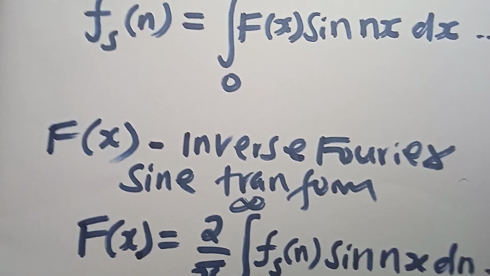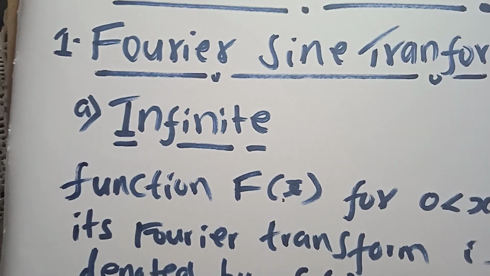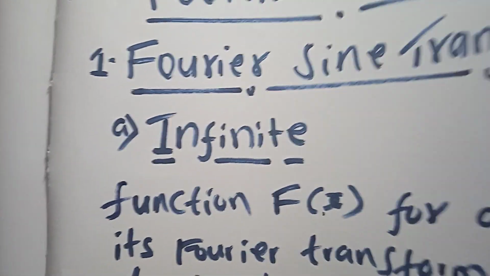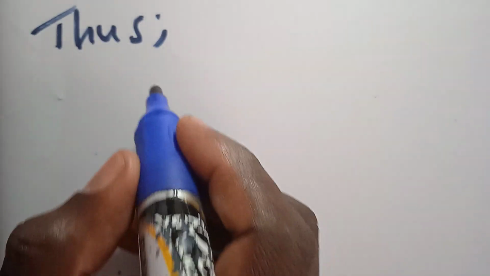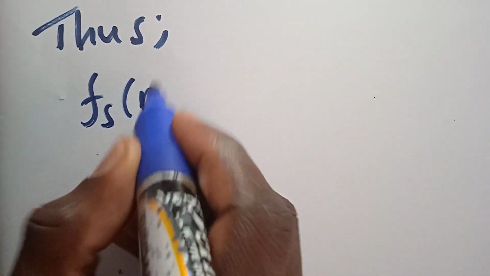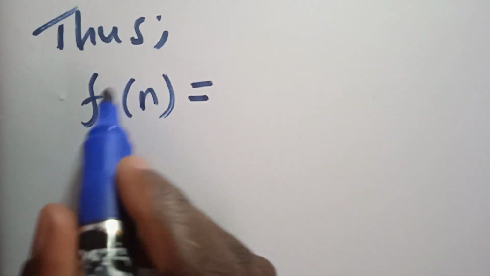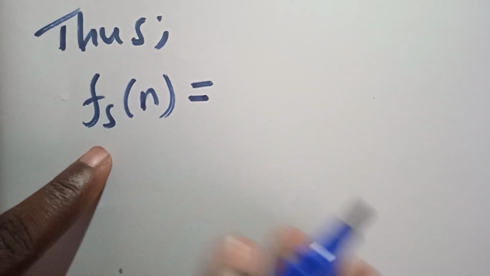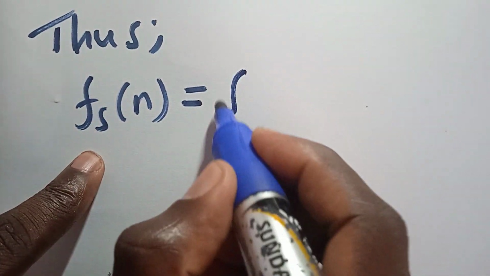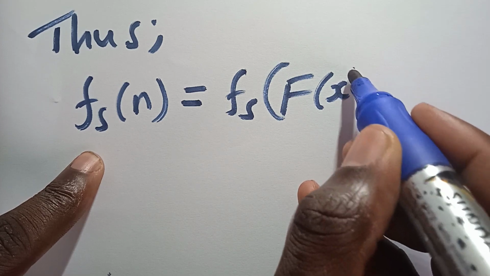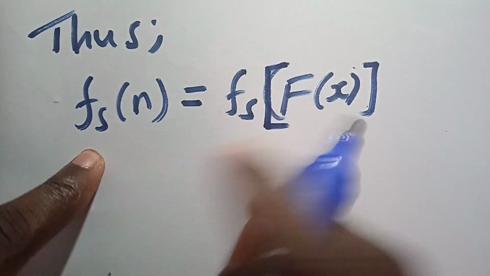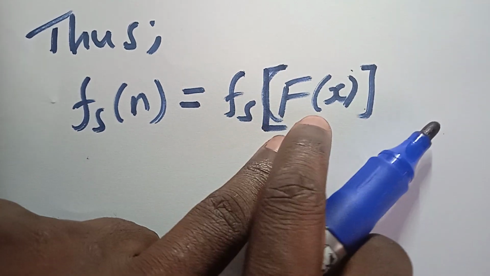So we can generally say that fs of n is basically what you call the Fourier sine transform of the function f of x. To get this, just do a Fourier transform of f of x.